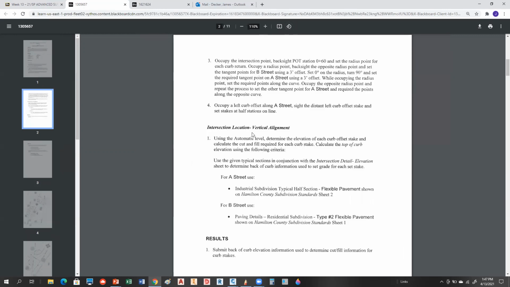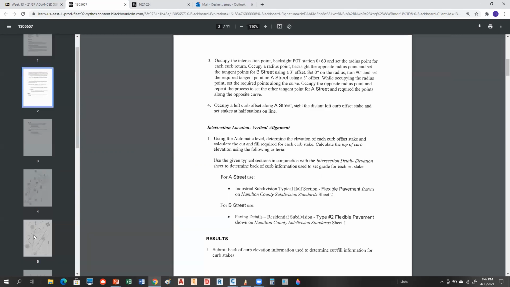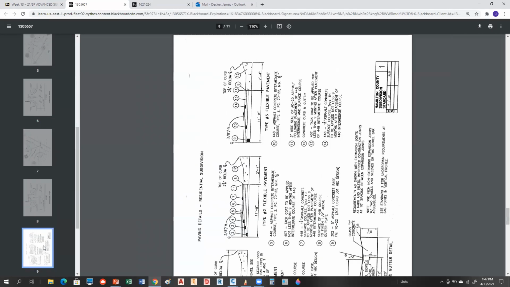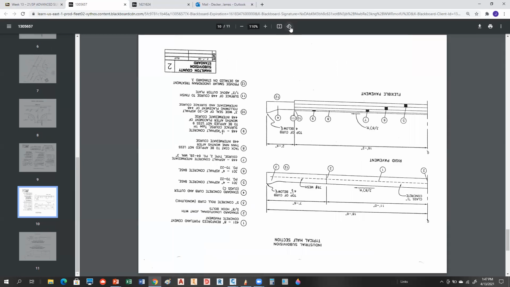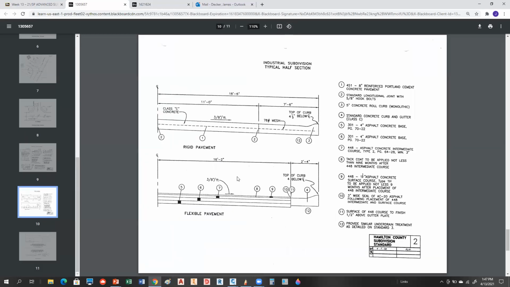Yeah, because that's at 18 feet, 6 inches. We're using the flexible pavement. See that? Okay. For the industrial. So that means that we are using flexible pavement. So we're going to be 4 inches below the center line. Okay. So you just had what, 607.88, right?